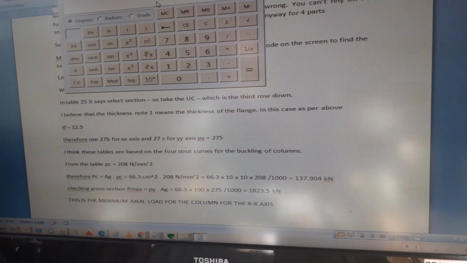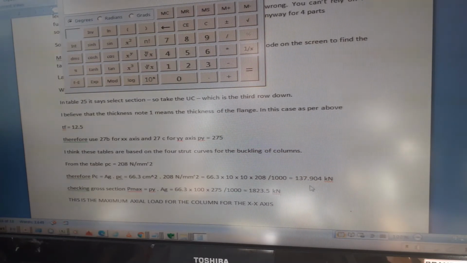Is that 66.3 times 100 times 275 divided by 1000? Oh yeah, it's 1823.25. Sorry, for the reduced pc of 208, we've got 66.3 times 10 times 10 times 208 divided by 1000.